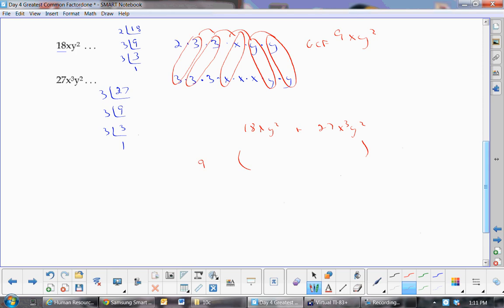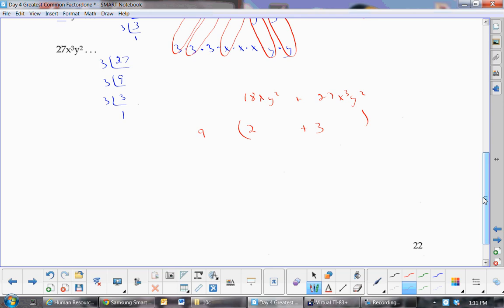So you put out your 9. 18 divided by 9 is 2. And 27 divided by 9 is plus 3. Does that make sense? And you see, I always get the habit of leaving room all the time. It may look funny when you write down your answer, it's got all these spaces, but at least it's right, right? So you can rewrite it again, one line more if you want to make everything nice and condensed.